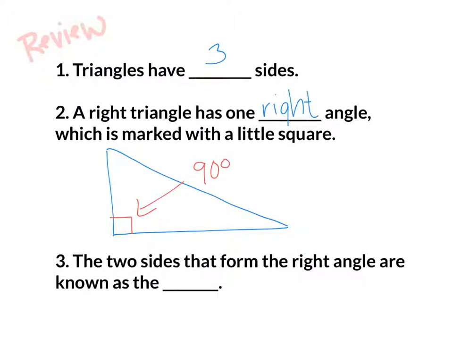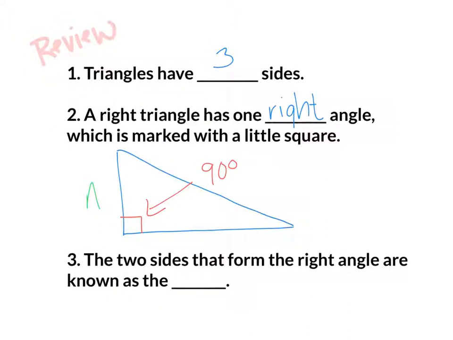And finally, number 3 for this slide, the two sides that form the right angle are known as the blank. If we remember, we label the triangle side A, side B, and side C, and we know that A and B are known as the legs of the right triangle.